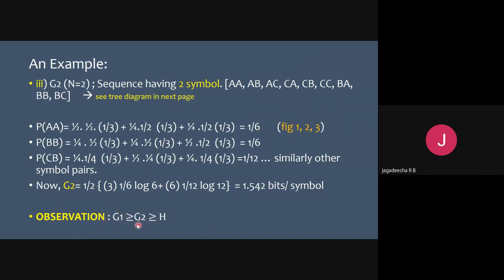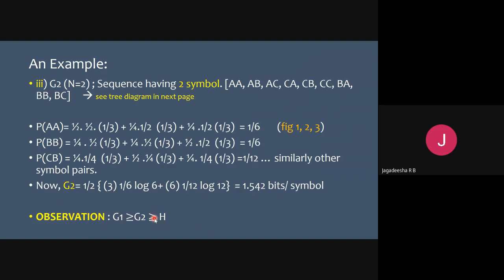If it generates two symbols, then it is considerably lesser than G1. If it emits three symbols, then that will be much lesser than G2. If it emits four symbols, that means A, B, C, D, A, C, B, D, A, D, B, C, and so on, like four symbols in a message, then the space required is much lesser than generating three symbols.